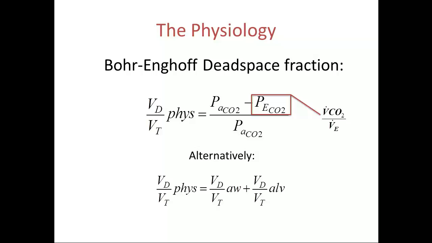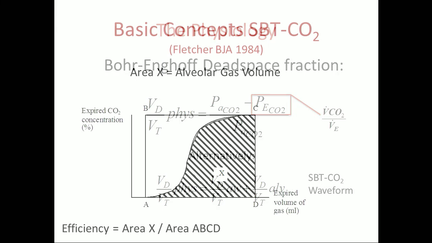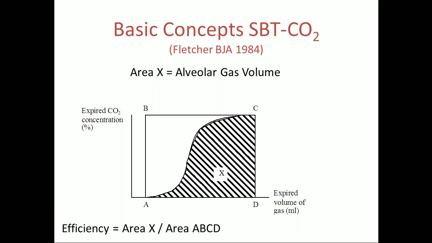So physiological dead space is alveolar dead space plus your airway dead space, or what's traditionally known as anatomical dead space. Now, volumetric capnography, because you're plotting concentration against volume, allows you to engage with the volume in such a way that you can actually use the waveform to calculate these individual components. And over the next few slides, I'm going to talk about how we do this.